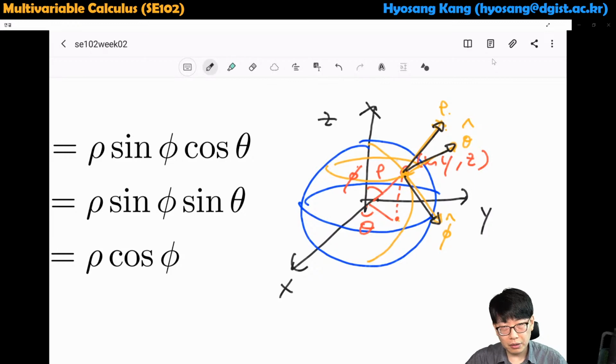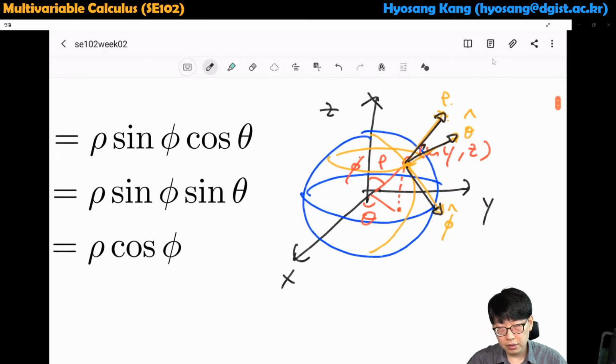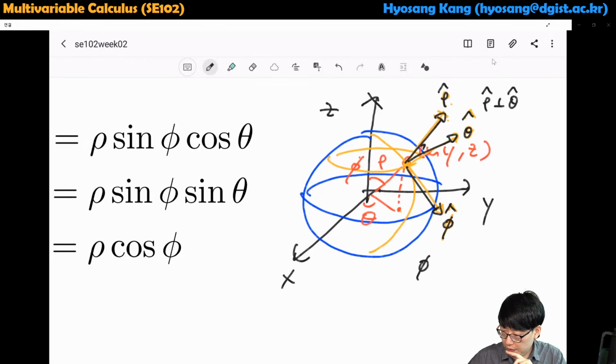It looks like it's not a right angle, but actually it is. If you think about a sphere and you move in the phi direction, it's always perpendicular to the rho direction. So rho and theta are perpendicular, and phi is perpendicular to rho and also perpendicular to theta.